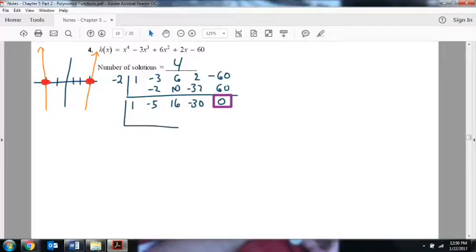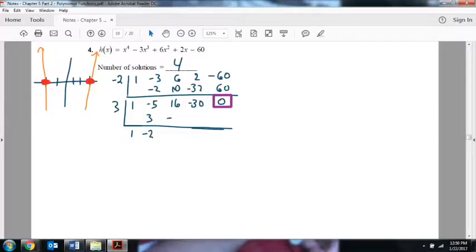So let's try the 3. Drop down the 1. 1 times 3 is 3. 3 minus 5 is negative 2.